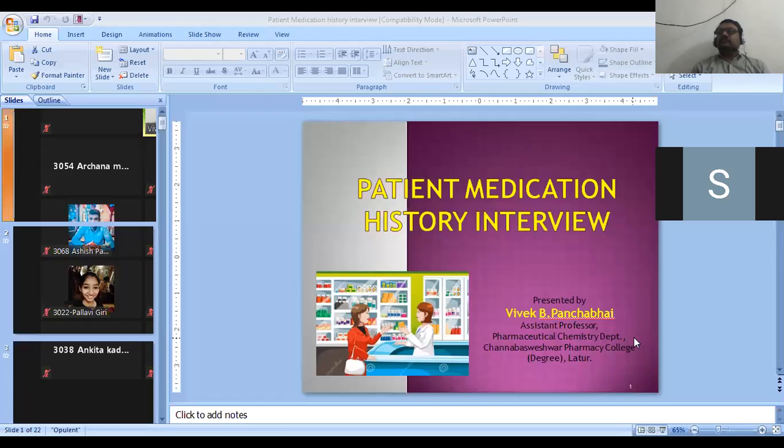Whatever drugs were prescribed earlier, or prescribed recently by a particular physician, or by more than one physician, that medication history is preserved for the patient's benefit and wellness.